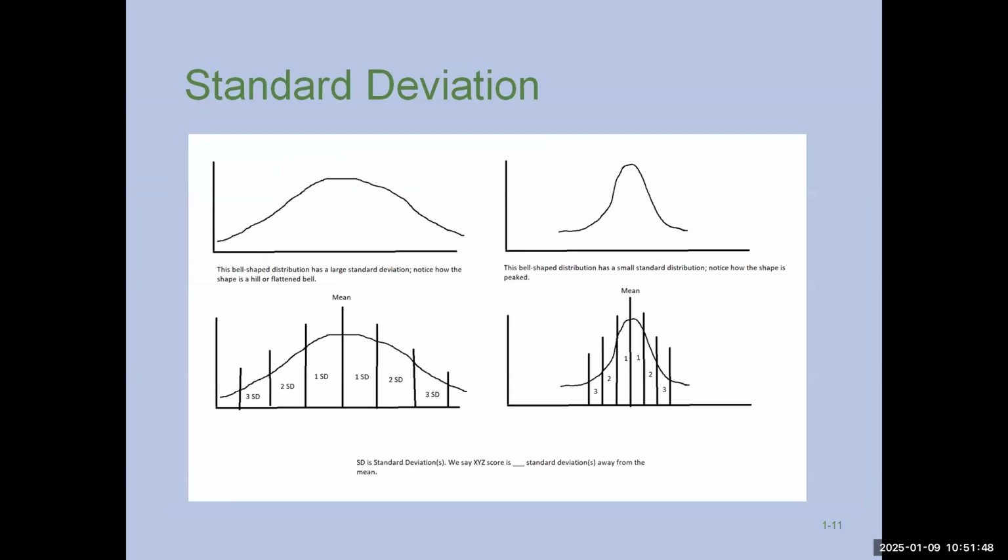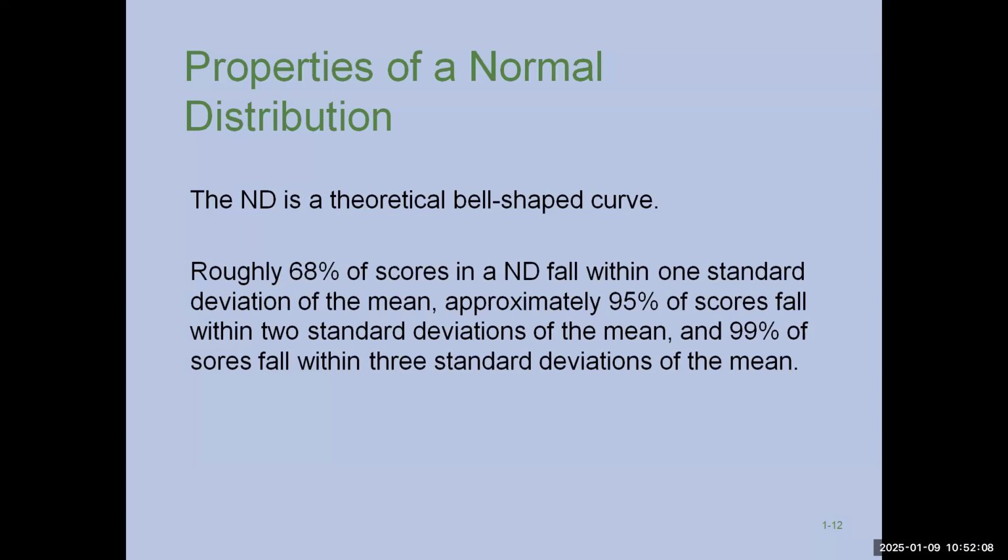So that is what exactly you can see: the standard deviation is high when the bell-shaped distribution is large. That means the standard deviation is high. If the standard deviation is low, it comes just like this shape. So that is homogeneity within the data.